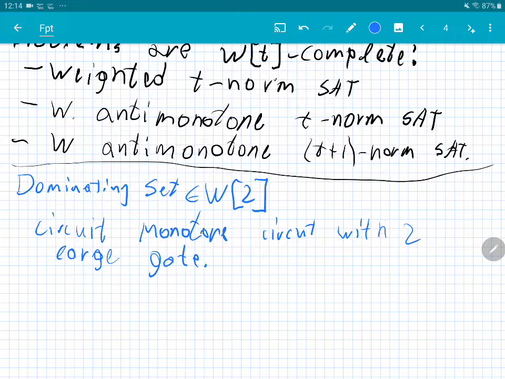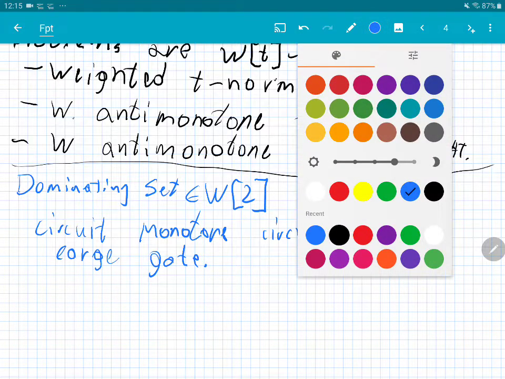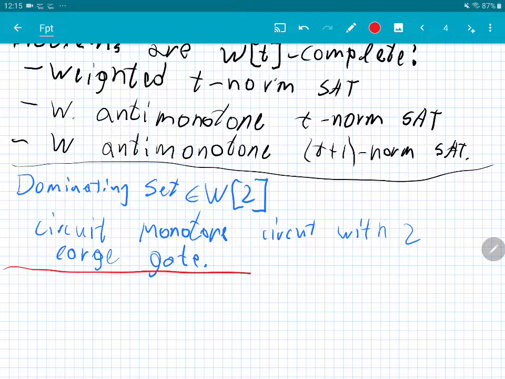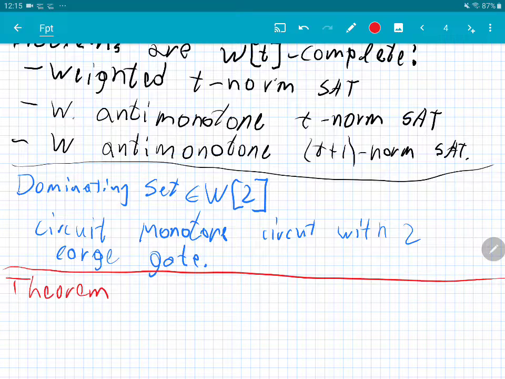So now we are done, right? Or if you want, you can think about it as doing it for set cover and so on. So we get, this is a theorem, Theorem 13.21.